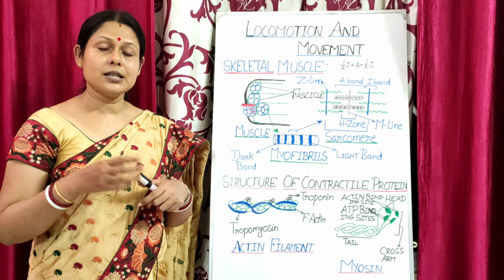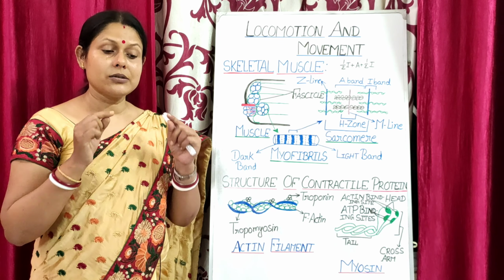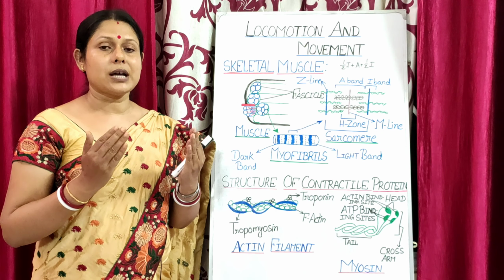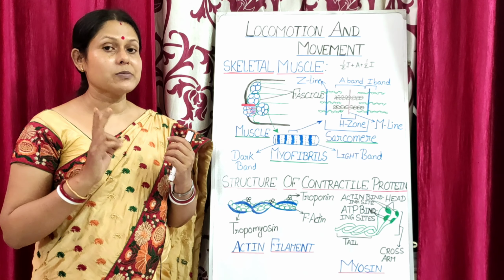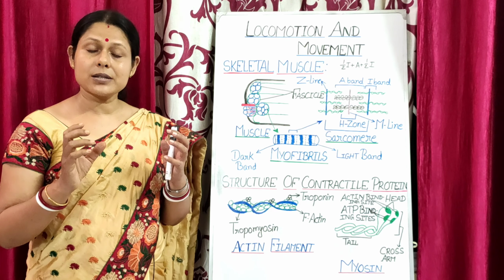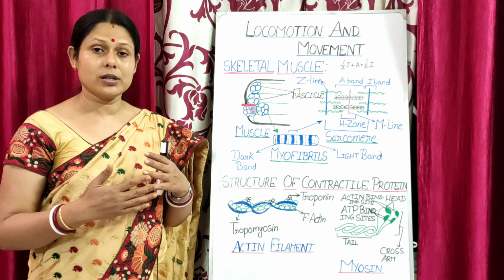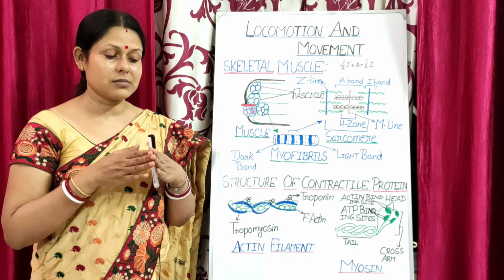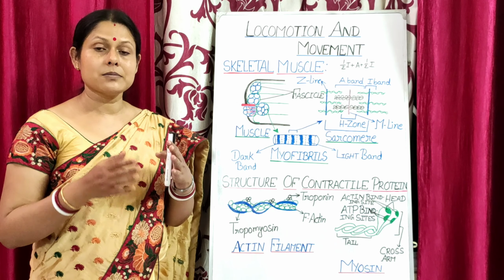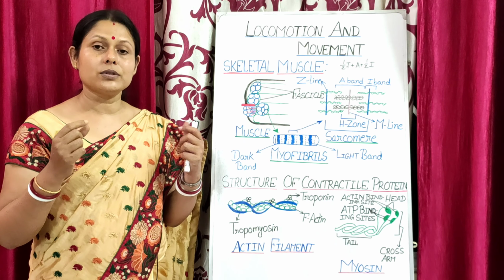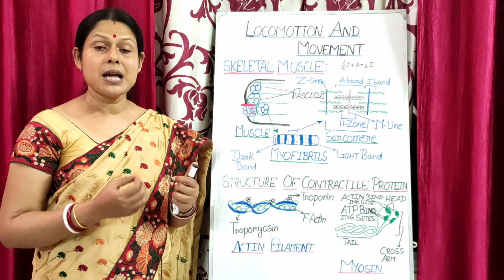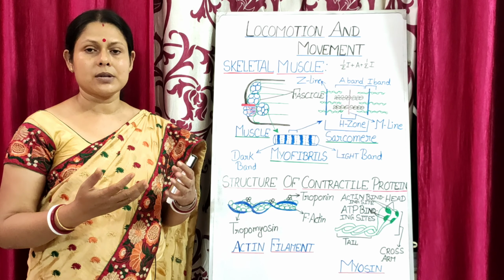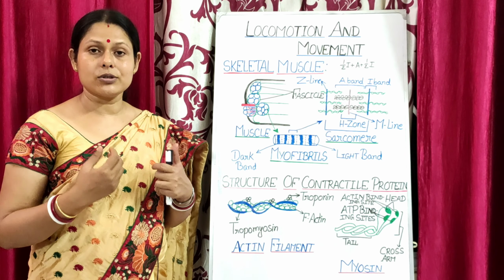So once it enters into the sarcoplasm, it reaches a position in the periphery of the sarcoplasmic reticulum. So the sarcoplasmic reticulum gets a stimulus, or this electrical impulse which is received by the sarcoplasm. It passes the stimulus to the sarcoplasmic reticulum, and it releases numerous calcium ions into the sarcoplasm.